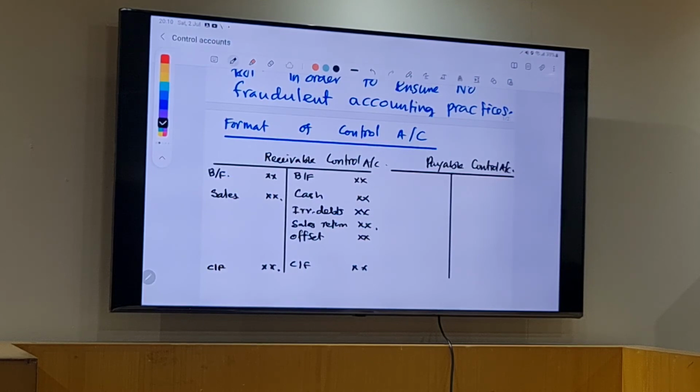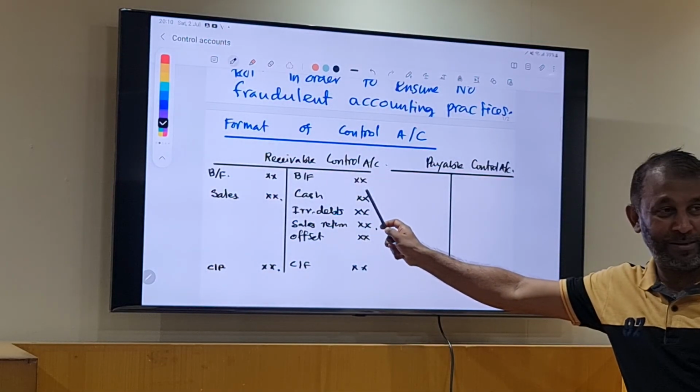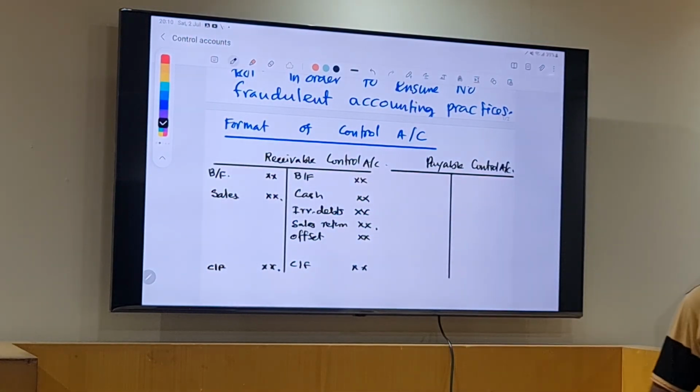That's what I explained to you, brother. Now, the customer receivable is normally a debit balance. But some customers may pay you more than what they have to. Then they become a credit balance. So that also we need to maintain. For example, if this is 100,000, this will be 500 or 1,000 extra.